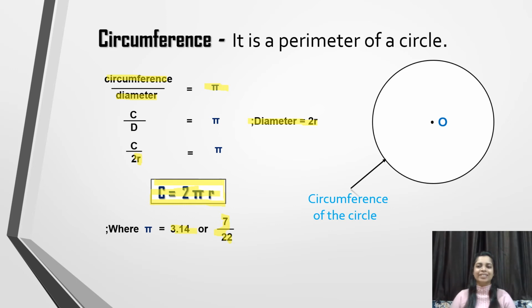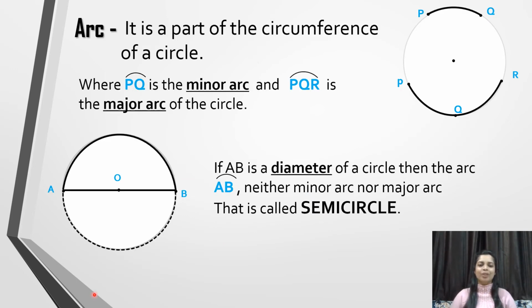Now move further. What is an arc of a circle? Arc of a circle is nothing but a part of the circumference. In this figure you can see PQ and PQR are two parts, where PQ is a minor one and PQR is a major one. That's why we call PQ a minor arc and PQR a major arc. We denote arc with this symbol.